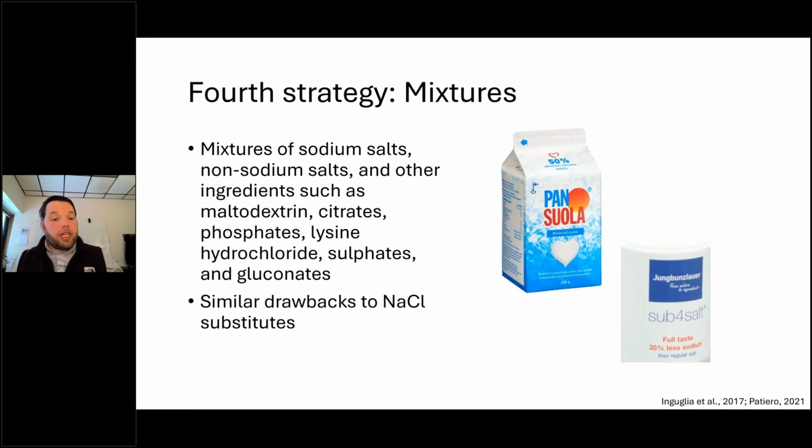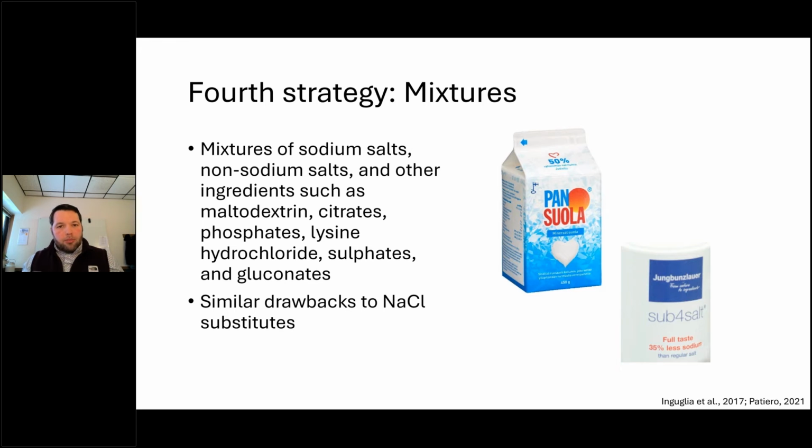A fourth strategy is mixtures. Mixtures include mixtures of sodium salts, non-sodium salts, and other ingredients, such as maltodextrins, citrates, hydrochloride, etc. In this category, we could also consider the organic acids, the natural products of fermentation. Some of those were mentioned by Dr. Glass earlier.